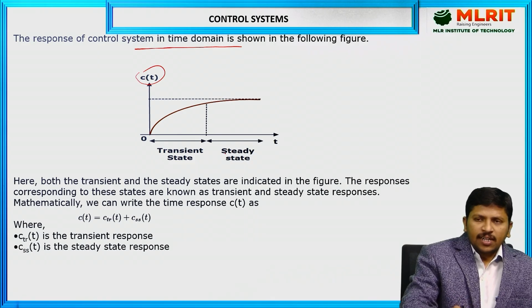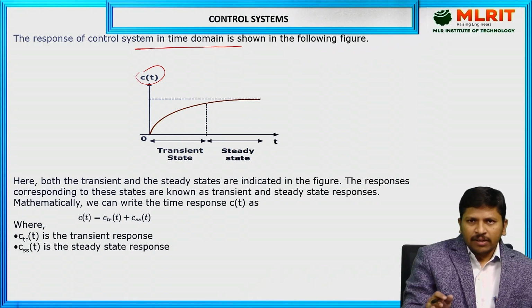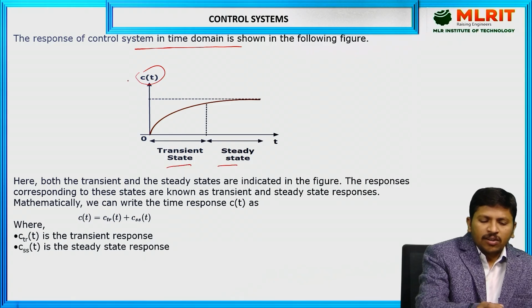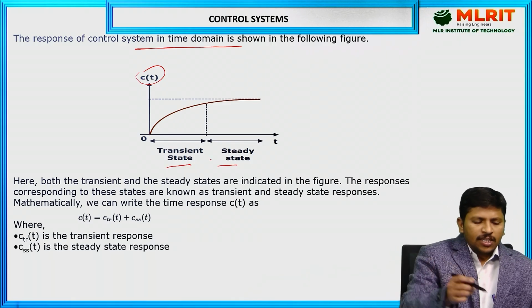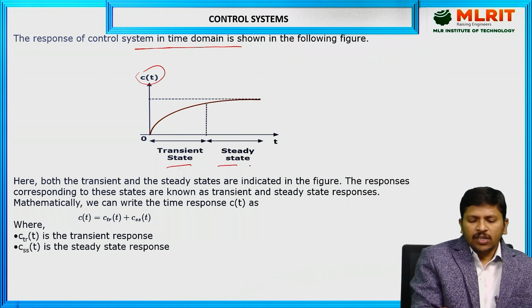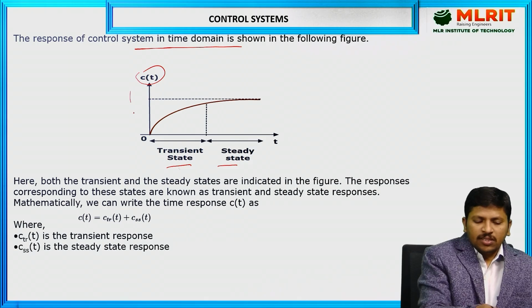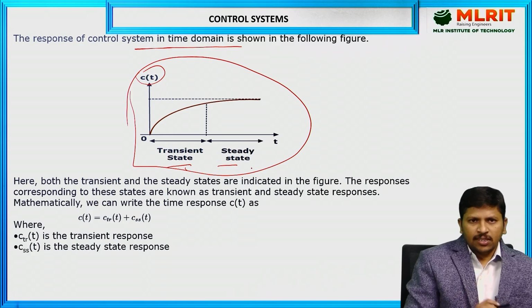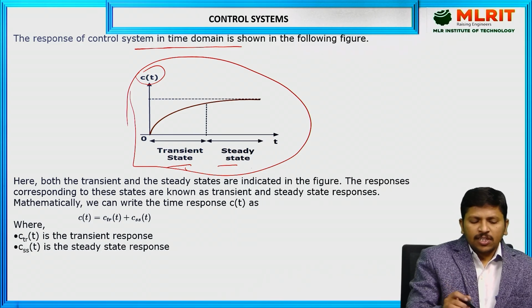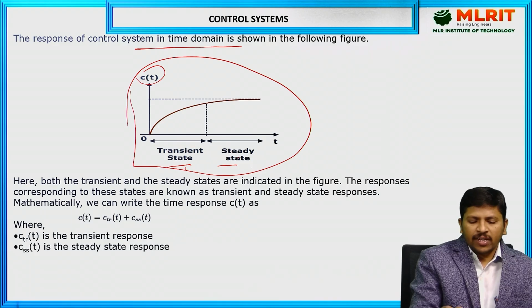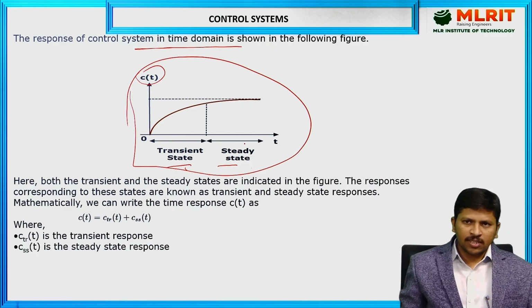The transient response and steady state response are both inbuilt in the single response of the control system. This is the graphical representation, where both the transient and steady states are indicated in this figure. The responses corresponding to these two states are known as the transient state and steady state responses.